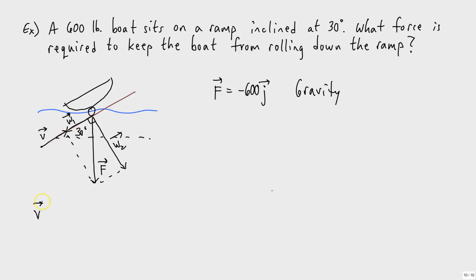All right, so what about this vector V? Well, let's just go ahead and have it be a unit vector for now. So V would be cosine 30 degrees i plus sine 30 degrees j.